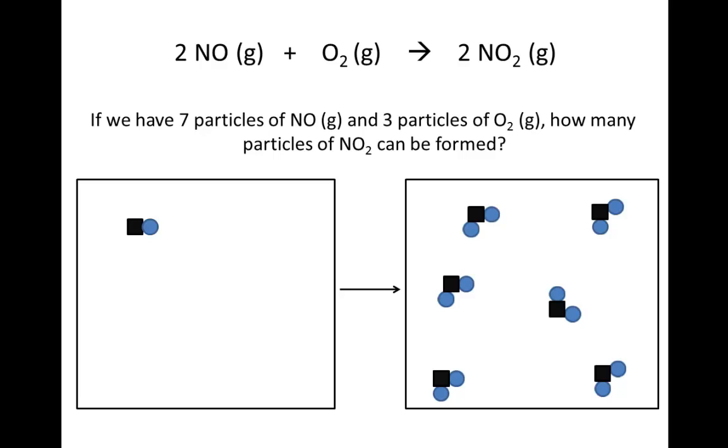Because we ran out of oxygen molecules to form another NO2 molecule, oxygen is our limiting reagent. It limited us to forming only 6 molecules of NO2. The reagent left over is NO. Therefore, it is the excess reagent.